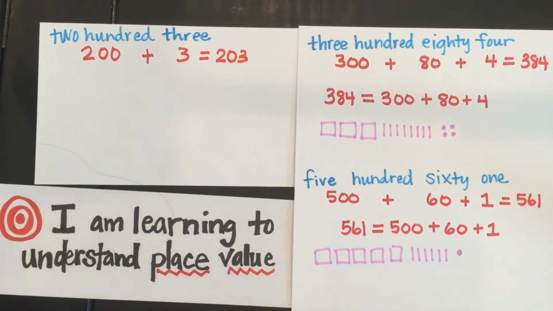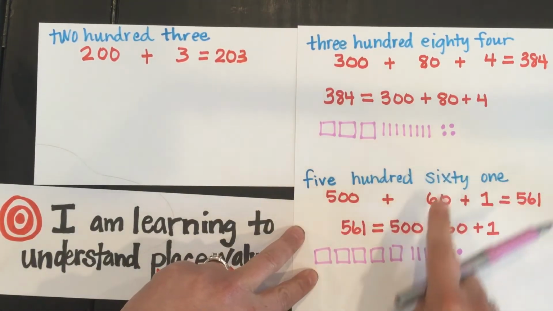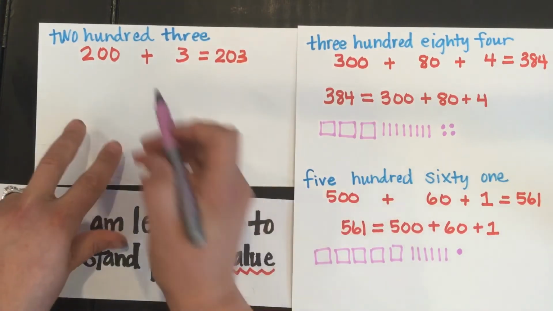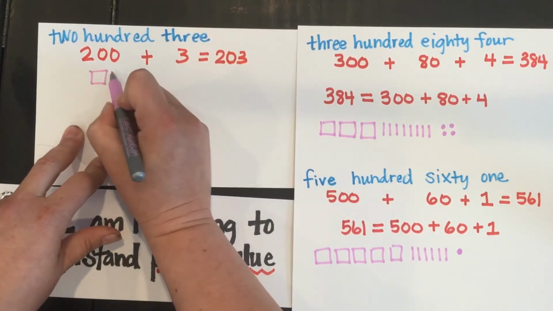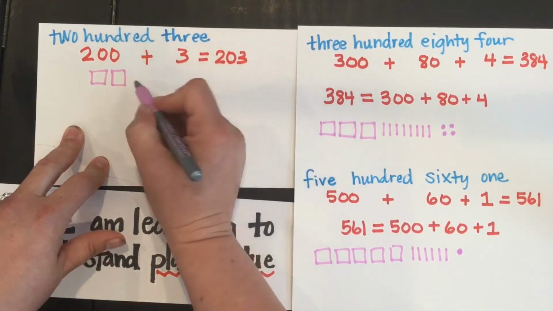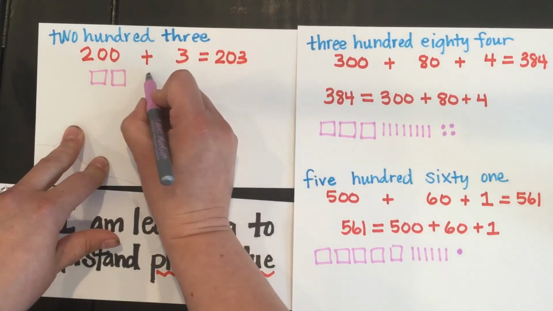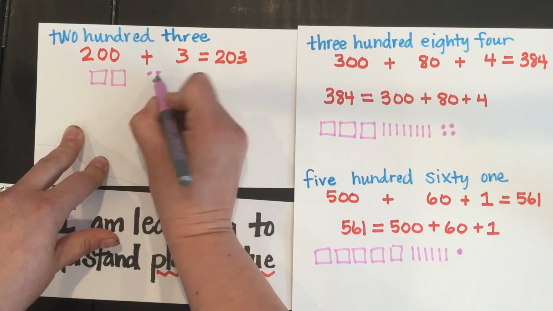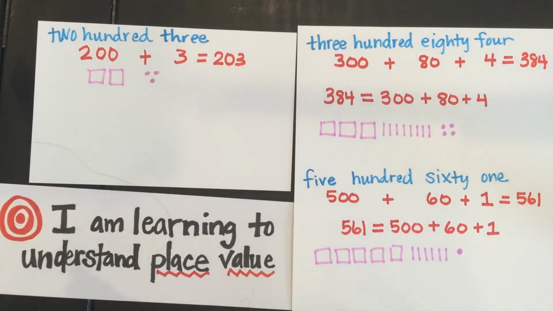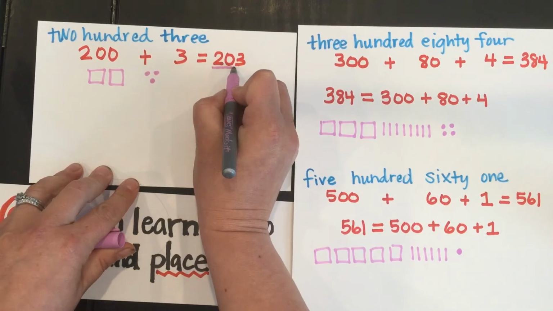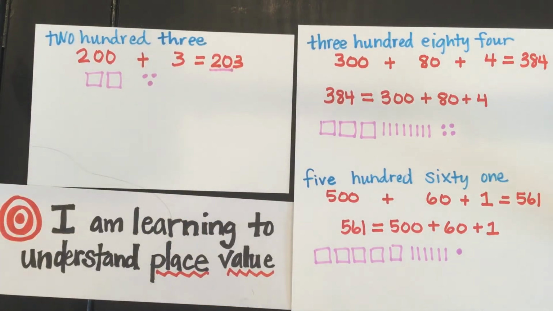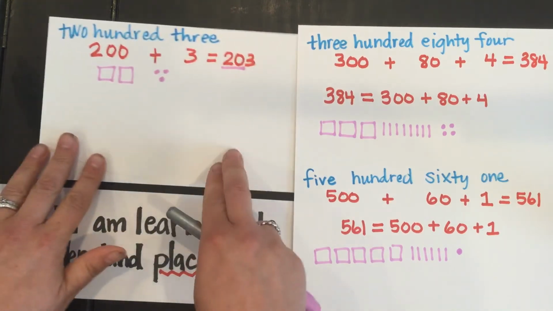And if I look at my picture, it's going to be different than these pictures because you're not going to see the 10 sticks in this number. 100, 200, there's no 10 sticks. And then I have the 3 ones, 203. Now remember, that just means that there's 20 tens in this number. The 0 is what we call a placeholder.